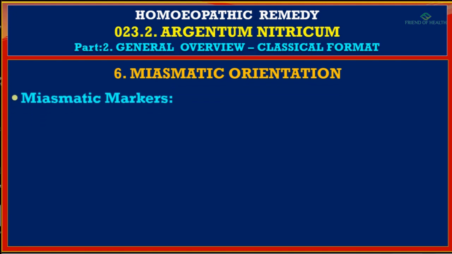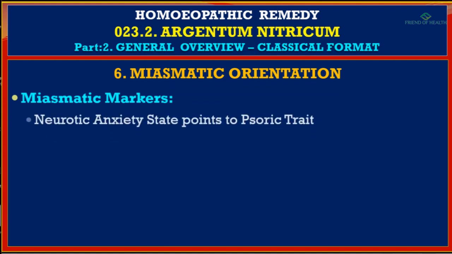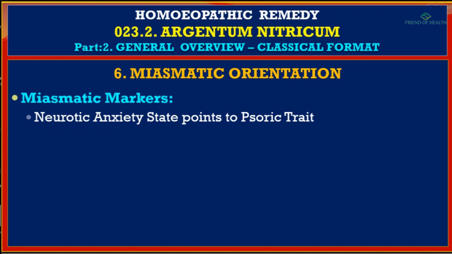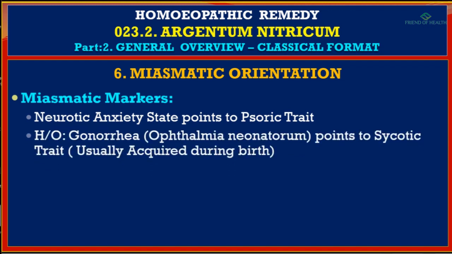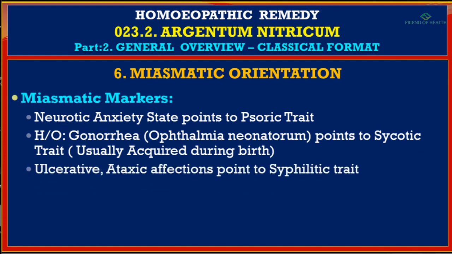Let us go to the miasmatic orientation or miasmatic understanding of the above symptoms. So what are the miasmatic markers we have available in the above text? If the anxiety is neurotic anxiety, it means the patient is predominantly psoric. If there is a history of gonorrhea, whether acquired while taking birth, in case of a neonate, in the vagina, infection occurs, or you acquire a sexually transmitted disease, it points to psychotic trait.